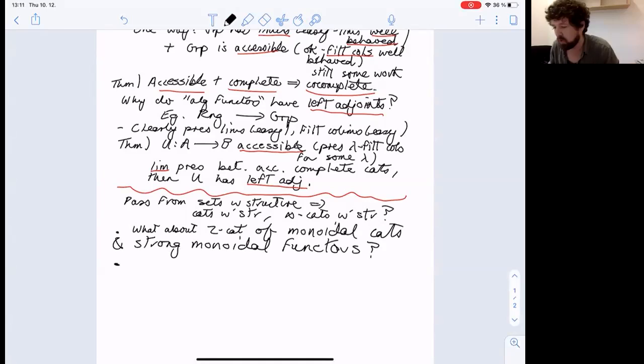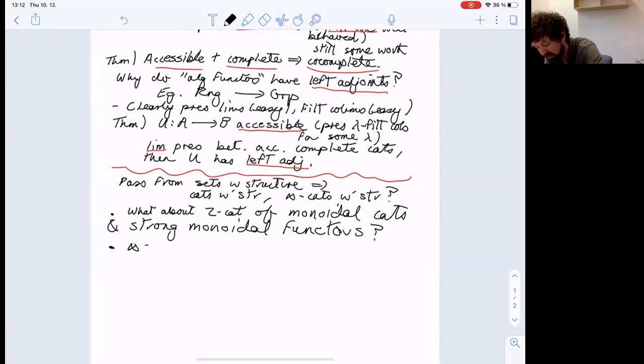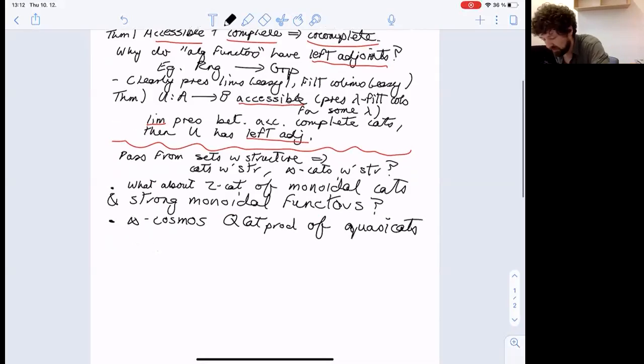Can we say that it's co-complete in some sense? Or what about perhaps the infinity cosmos? This is a certain simplicially enriched category, which I'll remind you of in a moment. For instance, of quasi-categories, also called infinity-one categories, with finite products.